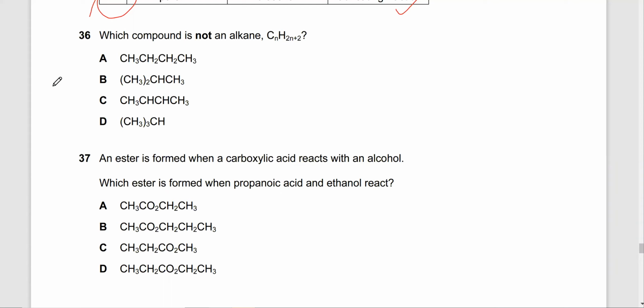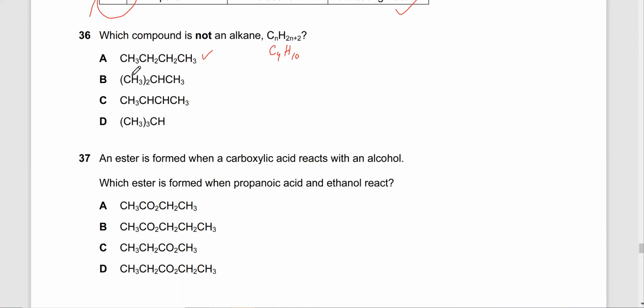So one thing that you will notice is each one has 4 carbon atoms. ठीक है, the first one is 4 carbon atoms. So H कितने होने चाहिए? According to the formula, it's 4 into 2 plus 2, so that's going to be 10. So the first one is an alkane. Second one भी C4H10 है कि नहीं है? CH3 twice है.